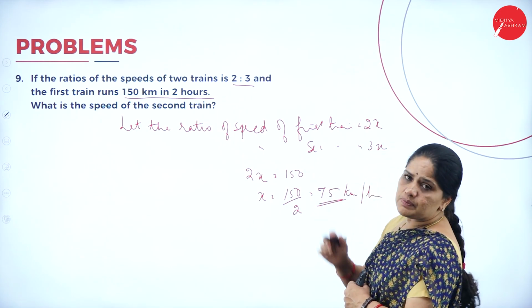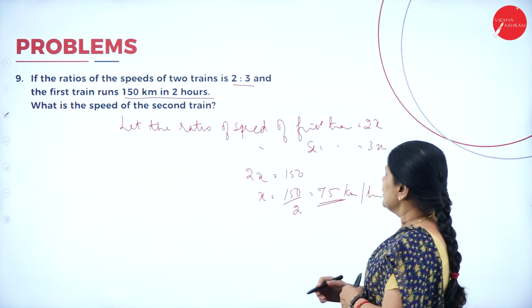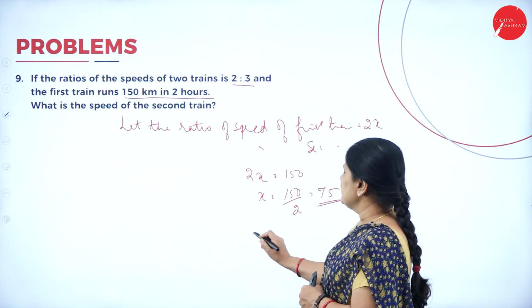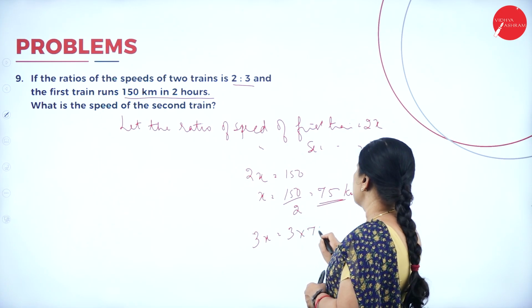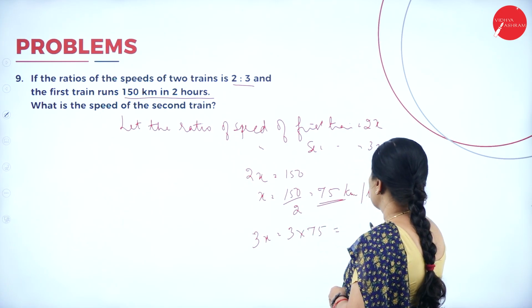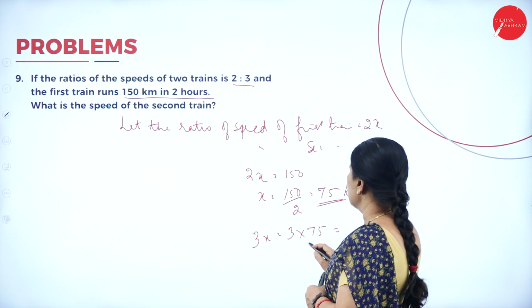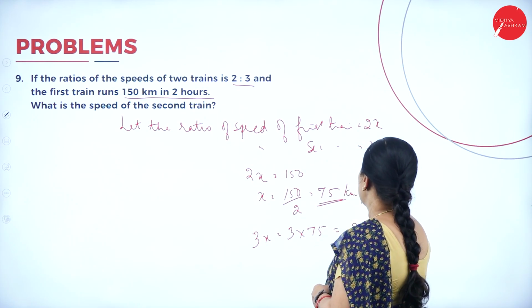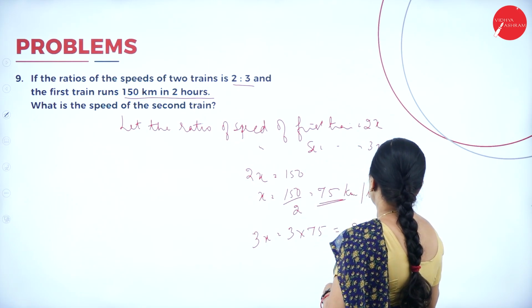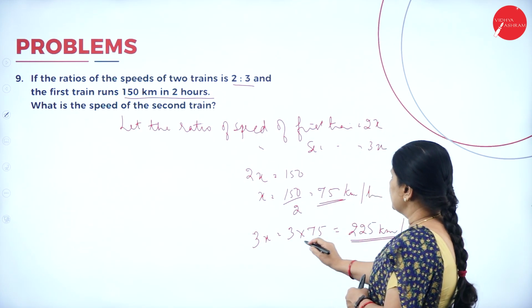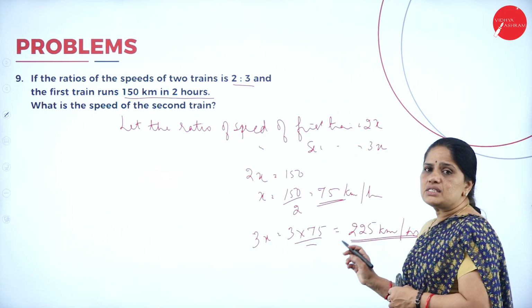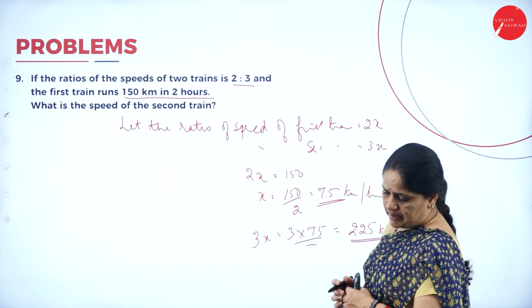Now, what is the speed of the second train? x equals 75, so 3x will be 3 into 75. 3 5s are 15, 5 1, 3 7s are 21 and 1 is 22. The speed of the second train will be 225 kilometers per hour.